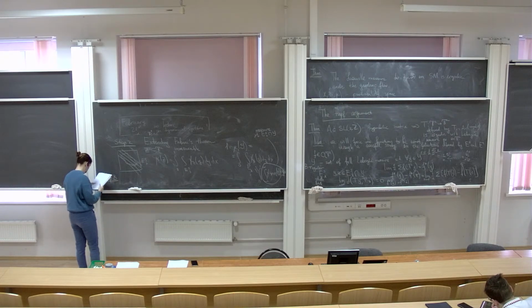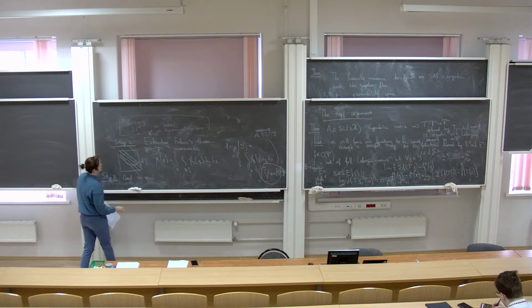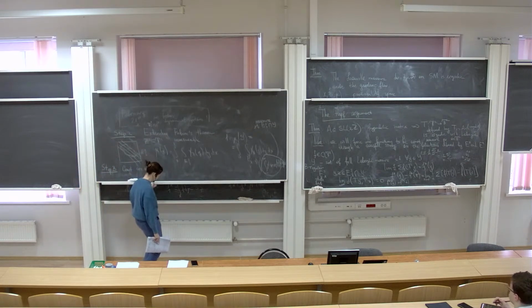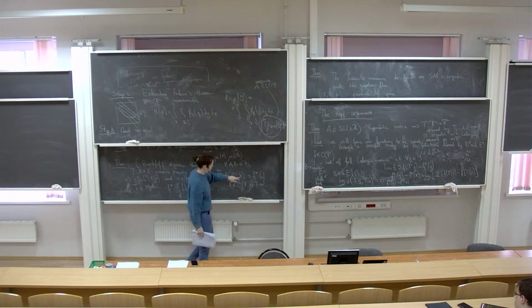What we checked already, we want to check that all the constants are equal. So let me recall what we are looking for. We want to prove ergodicity. Birkhoff told us that this limit exists. I think I have not erased it yet. Yes, Birkhoff said that this limit exists.